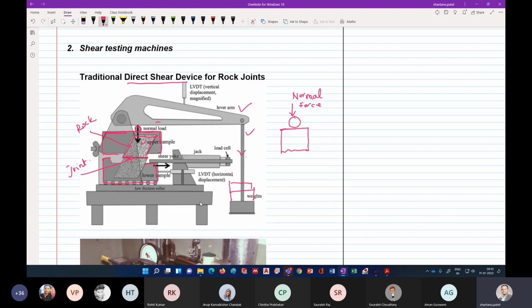Then we have some arrangement where we can give a horizontal force to the bottom part of the holder. And when the bottom part moves, there is something called a load cell, which tells us what is the load.